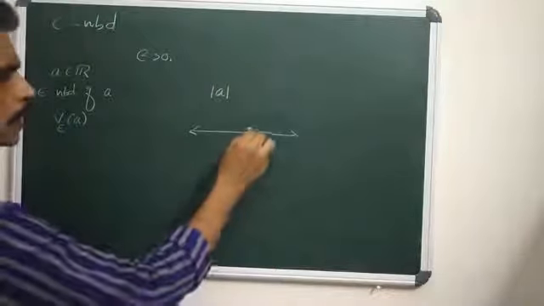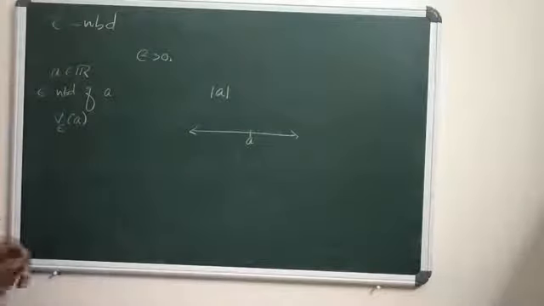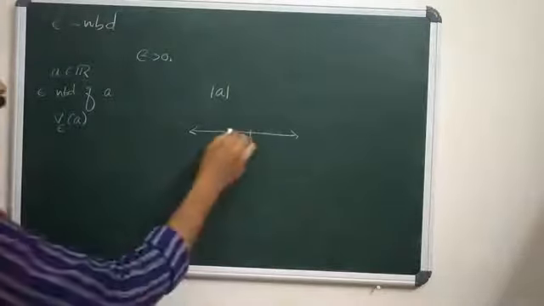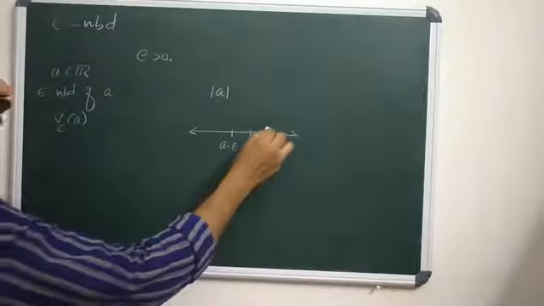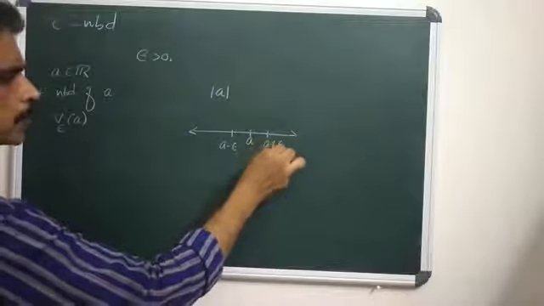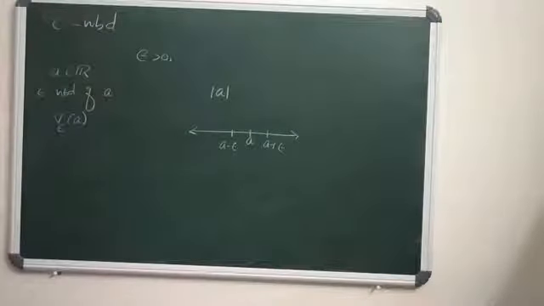Suppose A is here. Since epsilon is positive, A minus epsilon should be less than A, and A plus epsilon should be greater than A. So this is A minus epsilon and A plus epsilon.